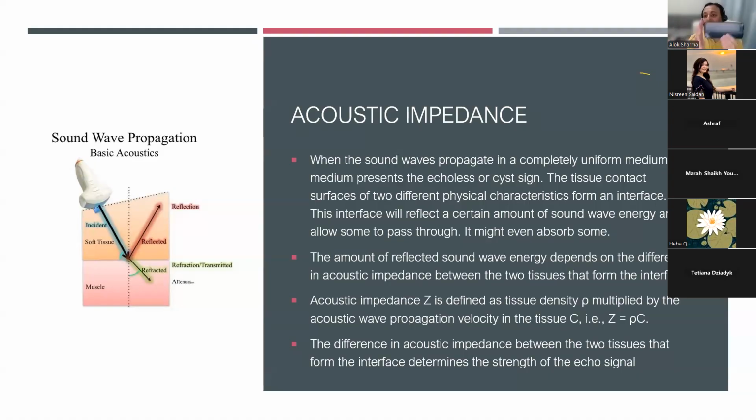You'll have a lot of reflection because it's a smooth surface. But as soon as we enter the liver, which is tissue-like, sound waves will get trapped and move at a constant rate through tissue. The difference between the density of the liver capsule and the density of liver tissue is very different, and because of this difference in density, you will have maximum reflection at the liver surface.